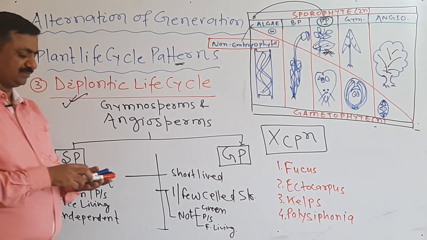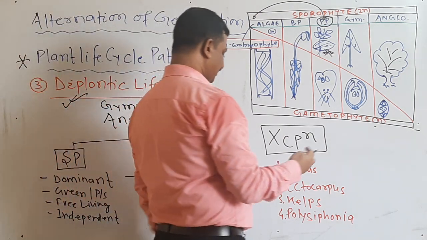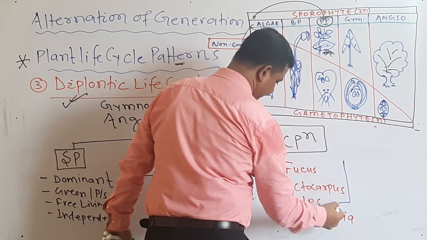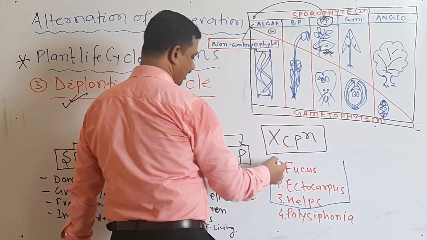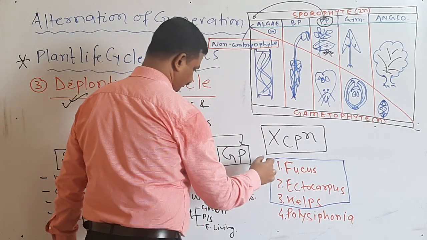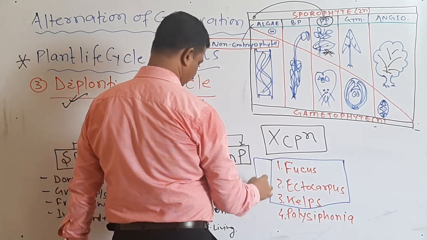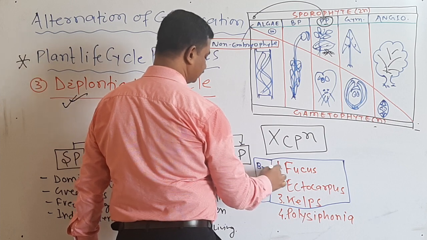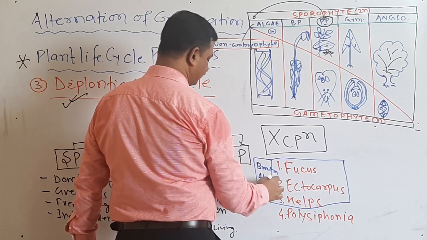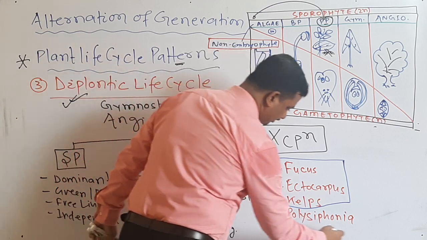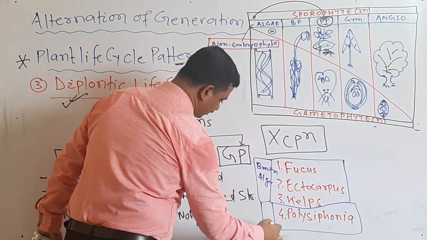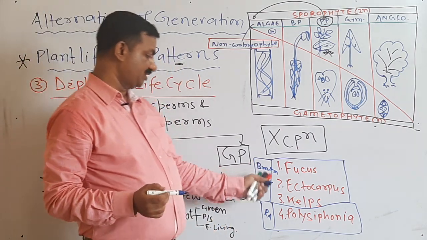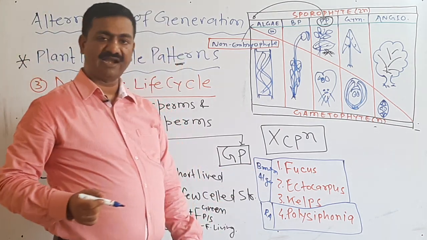And what is the question? The question will come: tell me, these 3 are your brown algae, while this one is your red algae. So 3 out of 4 are brown algae, 1 is red algae.